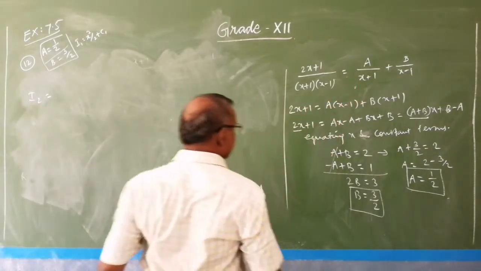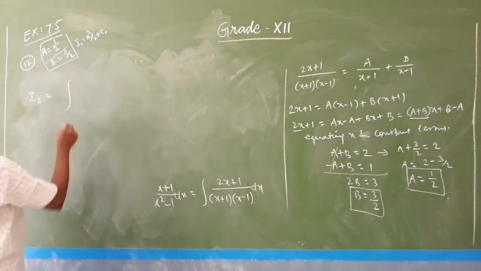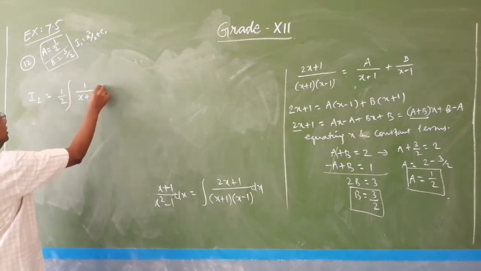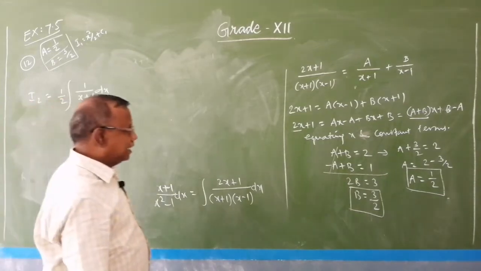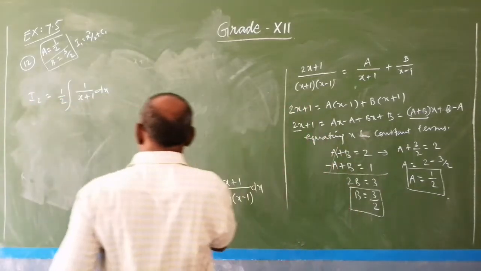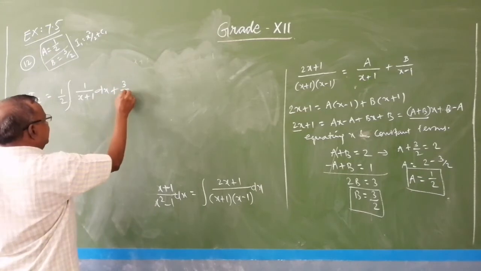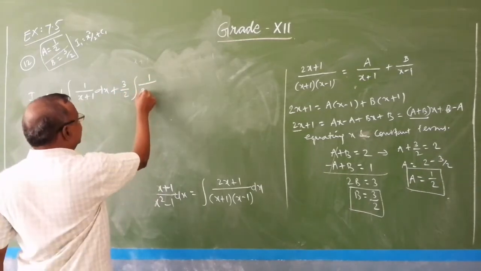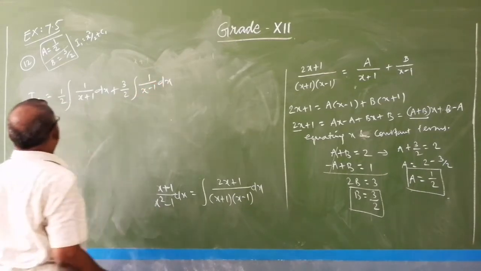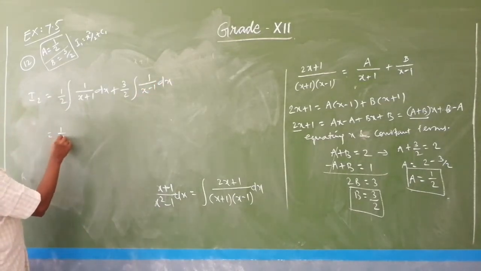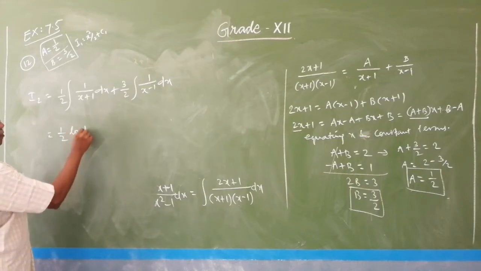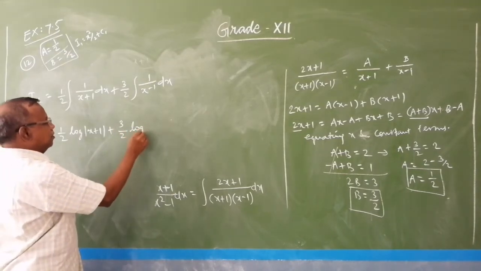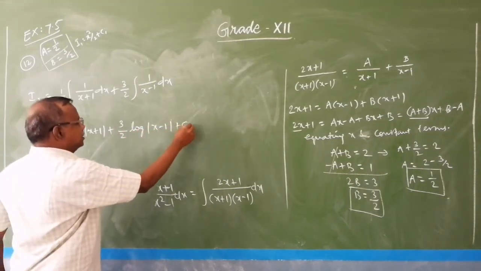A by (x+1) means A equal to 1/2 into the integral of 1 by (x+1) dx, and B by (x-1) means plus 3/2 into the integral of 1 by (x-1) dx. This is 1/2 into log of modulus of (x+1) plus 3/2 into log of modulus of (x-1) plus C2.